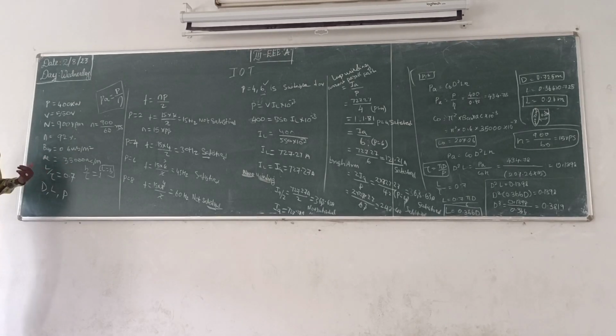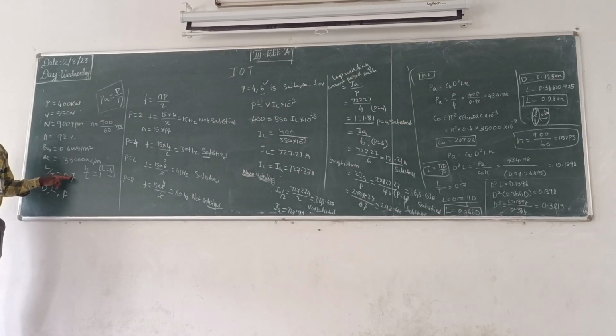The L by tau value is not given in this problem, so you have to assume it. For a square pole, L by tau is 0.6 to 0.9, so you can select 0.7.